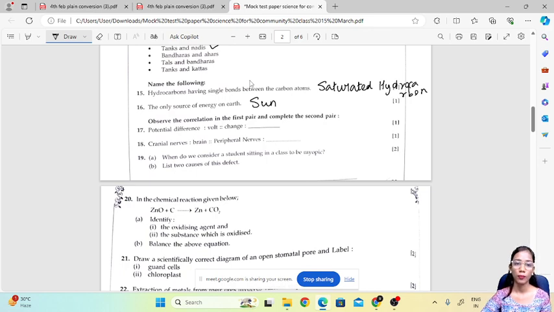Now, observe the correlation in the first pair and complete the second pair. Potential difference. Over here we need to know the meaning of correlation. You have to observe the correlation between the first two and accordingly write the relation of the option given to you. So the first correlation is potential difference. The SI unit of potential difference is volt.